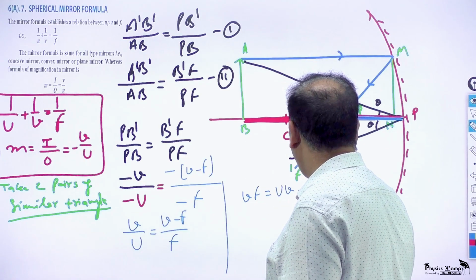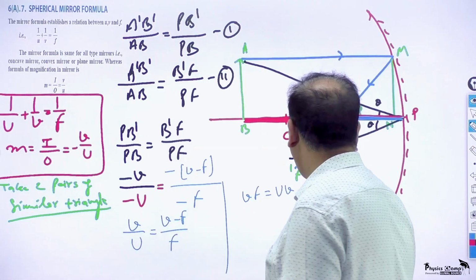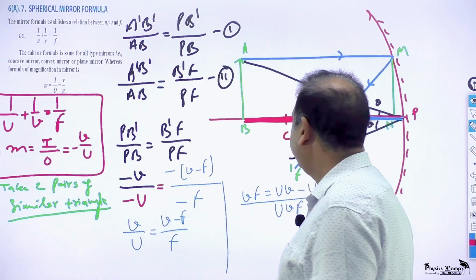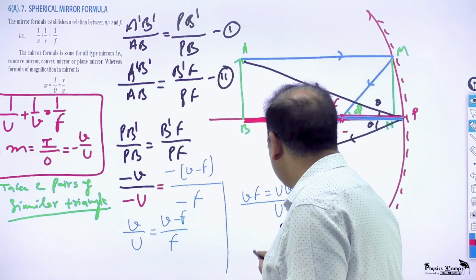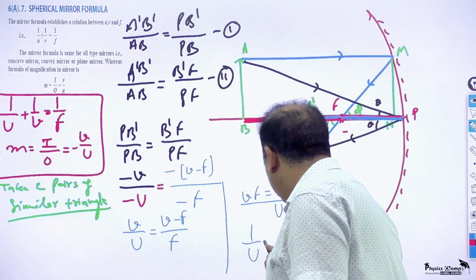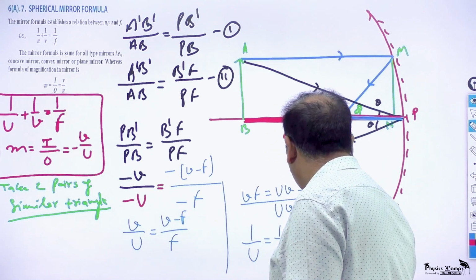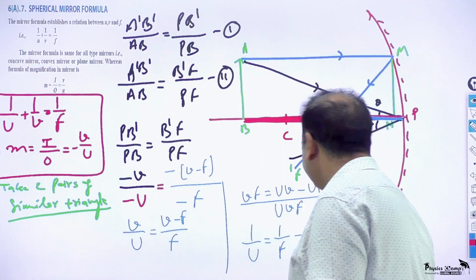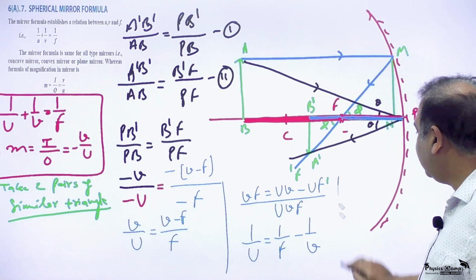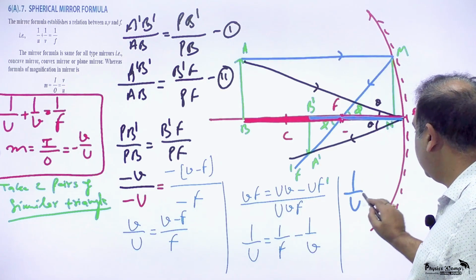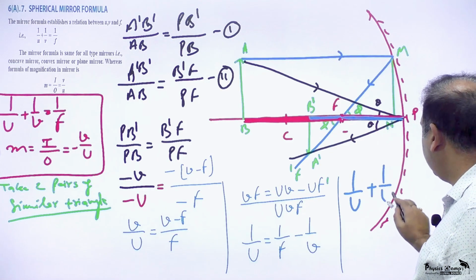And let's divide it by UVF. So here what will come? 1 by U. Here, 1 by F. Here, 1 by V. So as a result, finally, we are getting 1 by U plus 1 by V is equal to 1 by F.